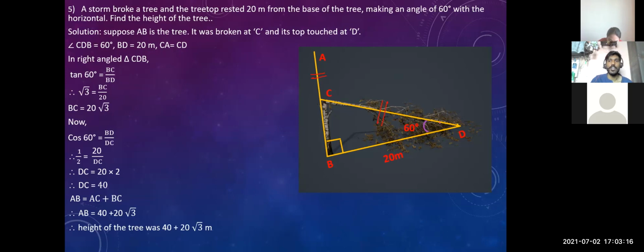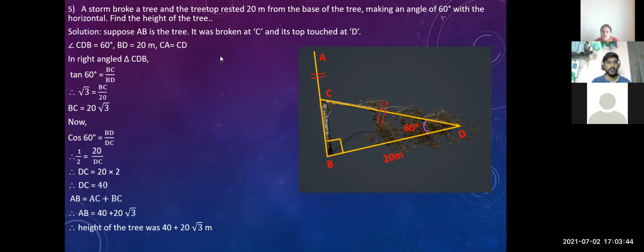So you'll have to use two ratios in this, first tan and then cos. So just draw the diagram and try it for homework. If I have to use tan 60, I will use opposite upon adjacent.